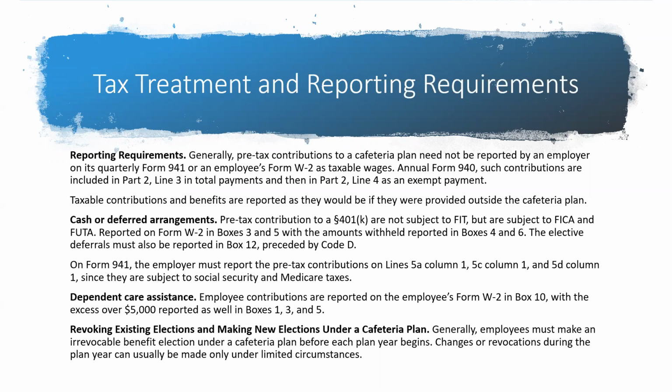The IRS regulations clarify a cafeteria plan's rights to permit employees to revoke or change an election during a plan year based on a change in status. Things like marital status, change in dependents, employment status, things like that.